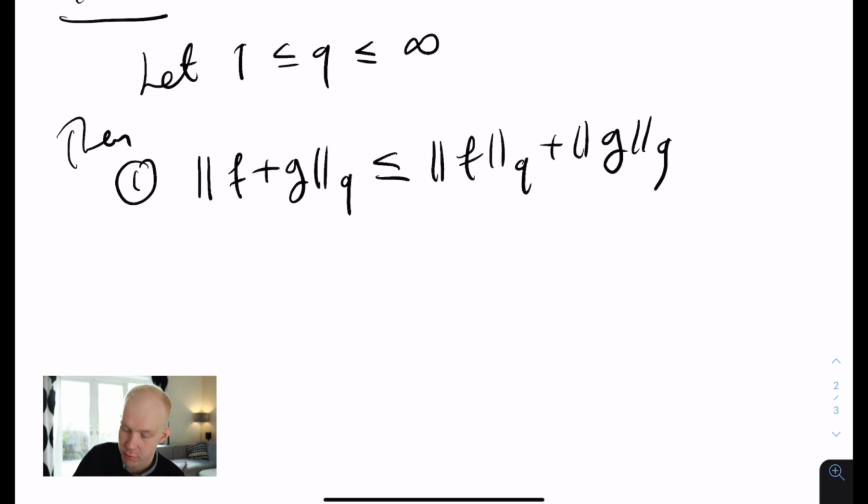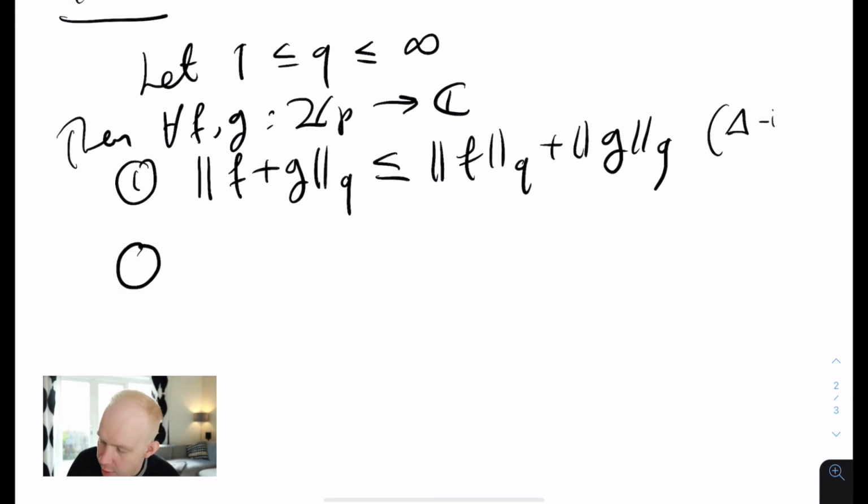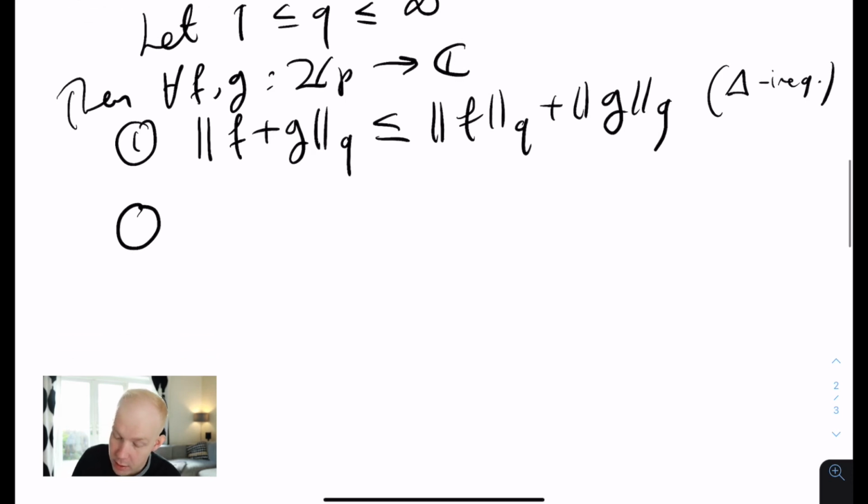So that's always true, for any f and g from Z_p to C. This is the triangle inequality or subadditivity.